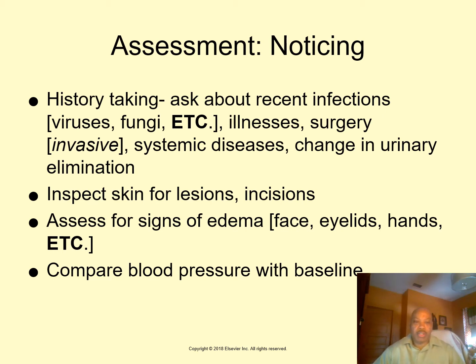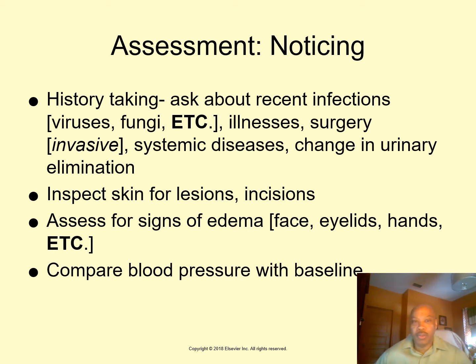We also want to assess for signs of swelling, and the swelling you'll see in the patient's face, in the eyelids, in the hands, etc. And also we want to compare their blood pressure with their baseline. Obviously, with glomerulonephritis, we see a progression in their blood pressure, and therefore we want to make sure we're looking at that as well.